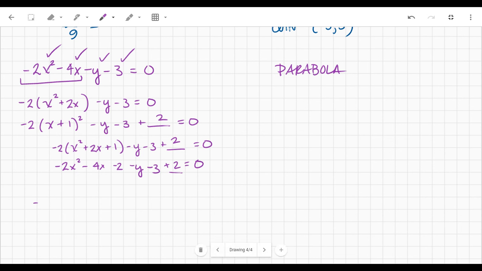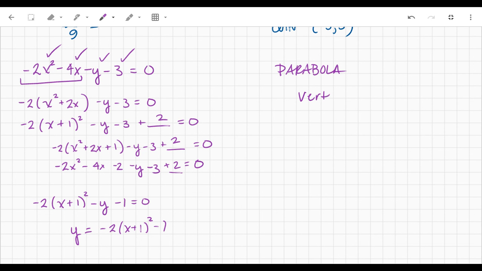So I have -2 times x plus 1 squared minus y minus 3 plus 2, so -1, equals 0. The last step would be to get the y to the other side. So y is -2 times x plus 1 squared minus 1. It would be a parabola that opens down, and the vertex would be at -1, -1.